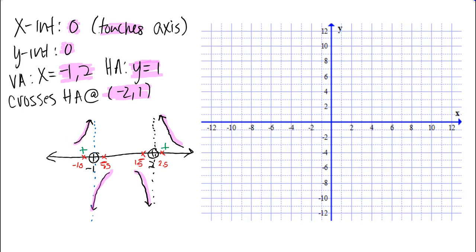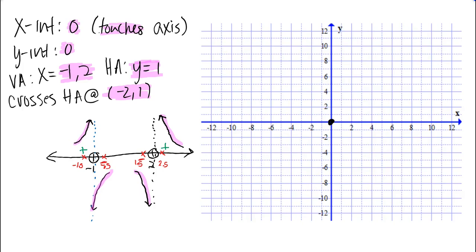So we have our x-intercept and y-intercept at 0, 0. We have a vertical asymptote at -1. So I'm going to draw, let's use a different color. I'm going to use red.